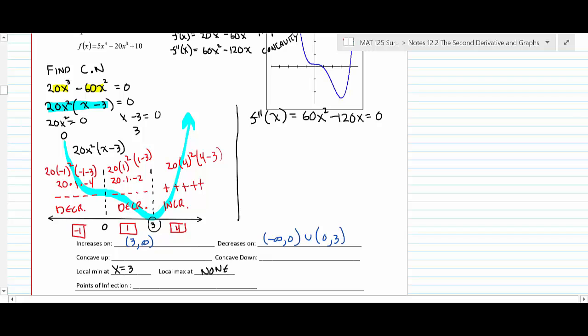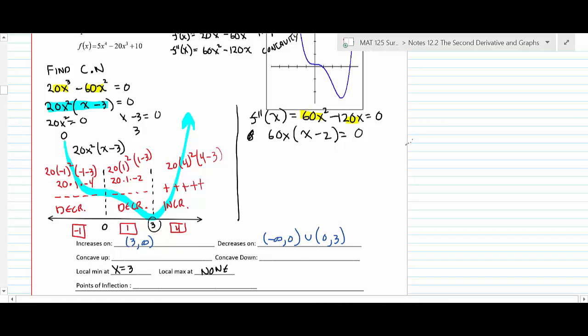So you've got to find critical numbers for the second derivative also. And you do this the same way. What is your factor on this one? 60x. If you do that, you're going to have 60x, and that's going to leave you with x minus 2 equals 0.